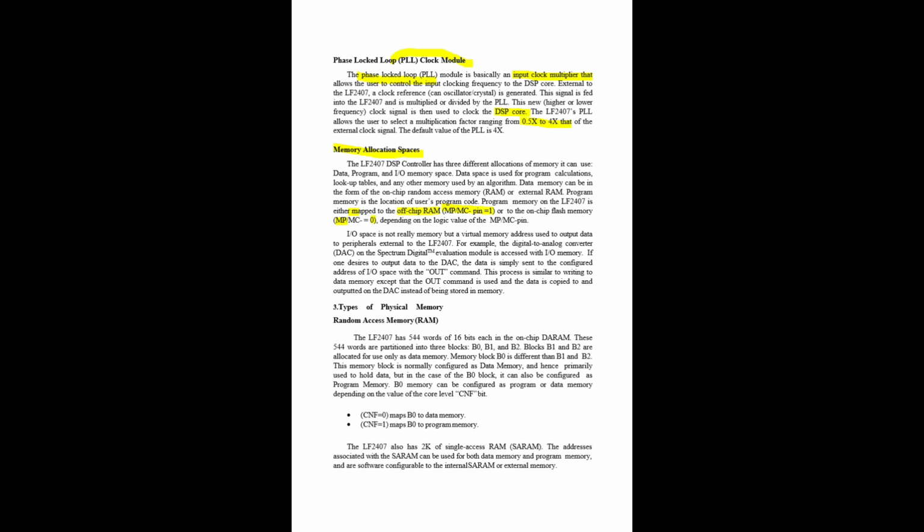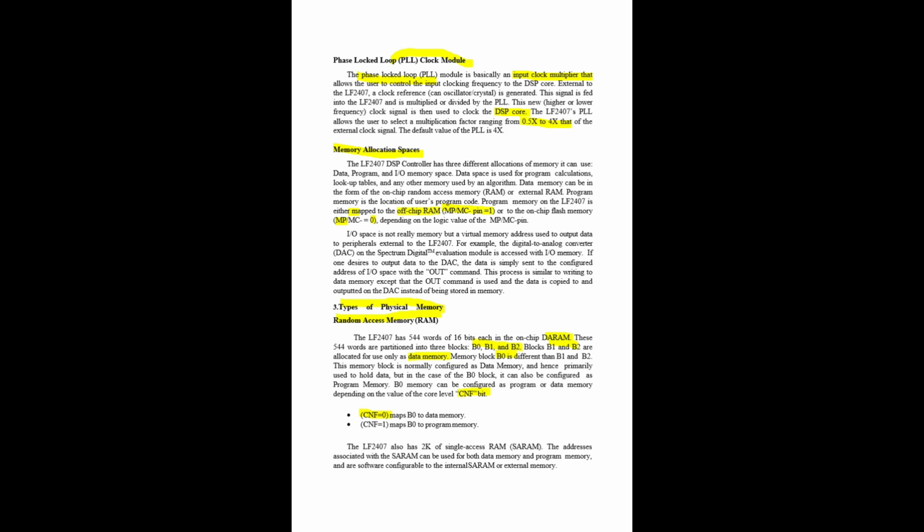Then various types of physical memories are available. RAM, already told you, dual access RAM, will be split as B0, B1, B2. B1 and B2 are always for data memory. B0 is with the help of the CNF bit.